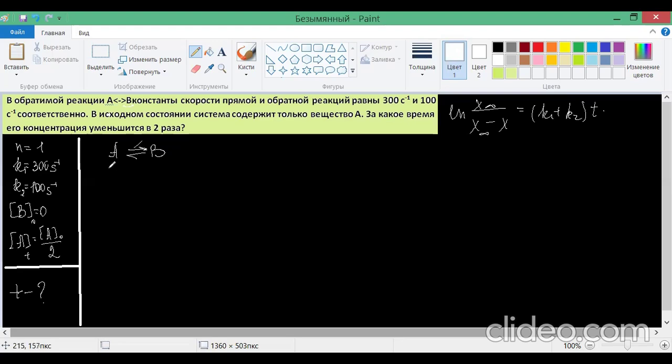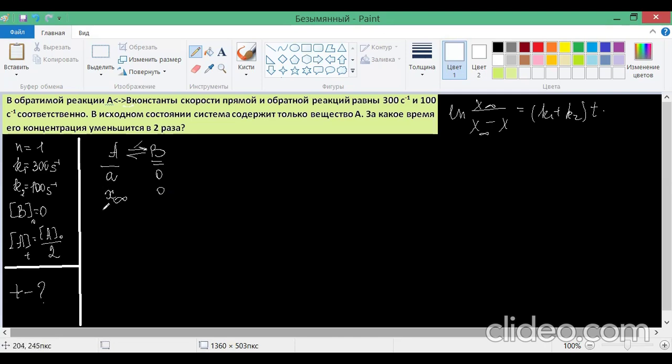Let's do that. So I'm writing down this scheme of this reversible reaction. In the very beginning, we've got the initial concentration of the reagent A. Let's symbolize it with letter A, okay? And in the beginning, B is absent in the system, okay? So when the whole system reaches equilibrium, the drop in the concentration of A is equal to x infinity, okay?